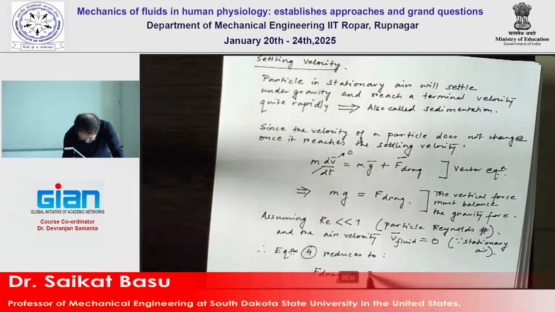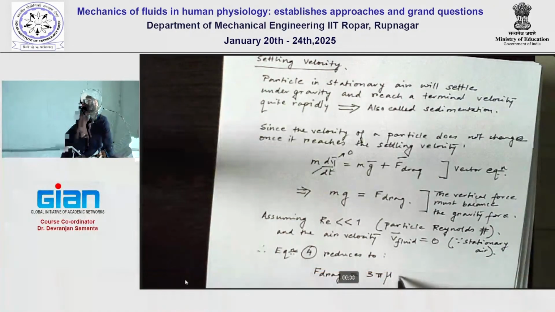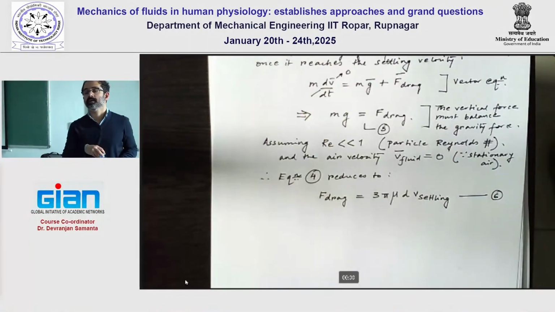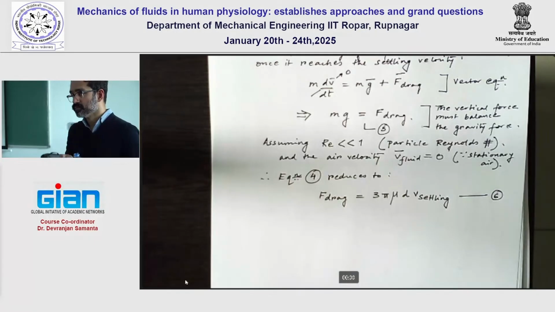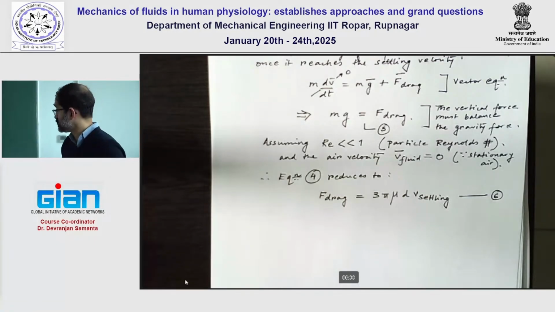becomes 3 pi mu d v settling. Isn't the added mass force also not always negligible? It is not always negligible. What we are assuming is that the density of the particle at this length scale is much greater than the density of the surrounding fluid.